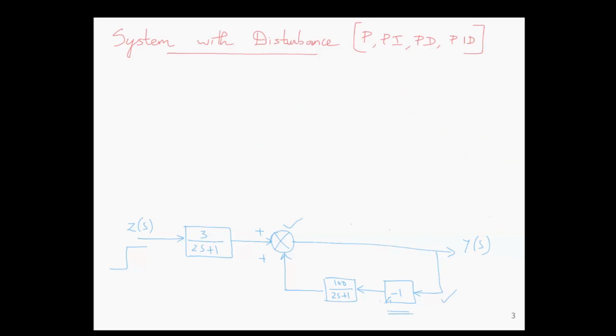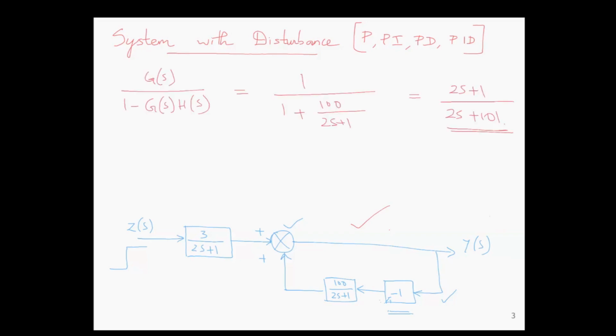First, we will simplify this feedback loop. Since it is a positive feedback, we have g of s divided by 1 minus g of s h of s. Here g of s is 1, the forward loop gain is 1, and in the feedback loop we have 100 divided by 2s plus 1 multiplied with minus 1. After substituting, you will get the simplified block of this part as 2s plus 1 divided by 2s plus 101.